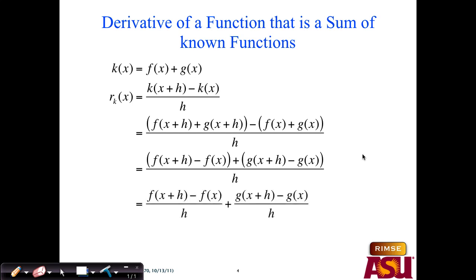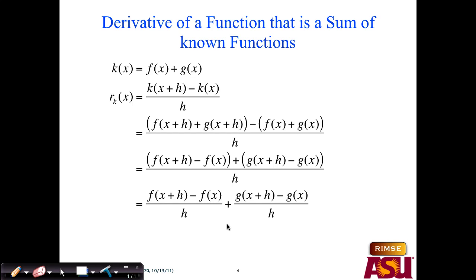Algebra says that I can change the order of addition and subtraction as long as I'm careful with keeping the negatives, the subtractions, in front of the terms that they go to. So that's in front of the plain f of x and g of x terms. Those should both have subtraction in front of them.